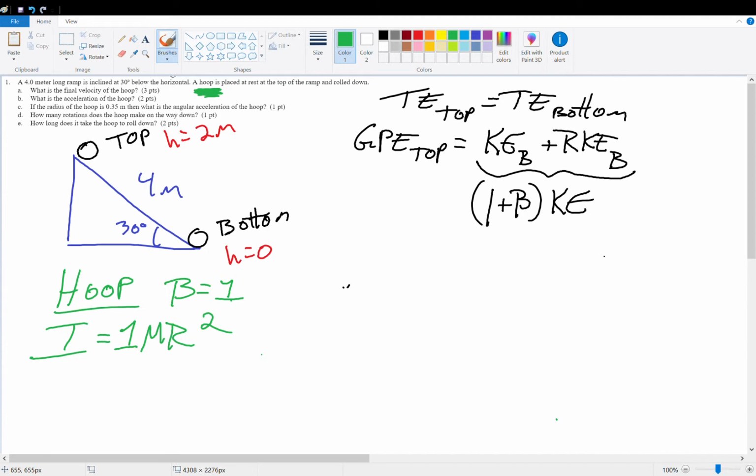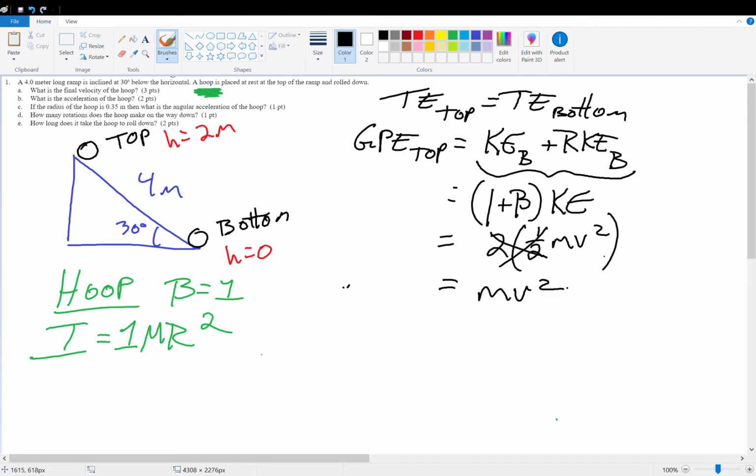So our 1 plus beta becomes 1 plus 1, which is 2 times our kinetic energy. Kinetic energy is just 1/2 mv squared, and 2 times a half is 1, so now I'm just looking at mv squared.